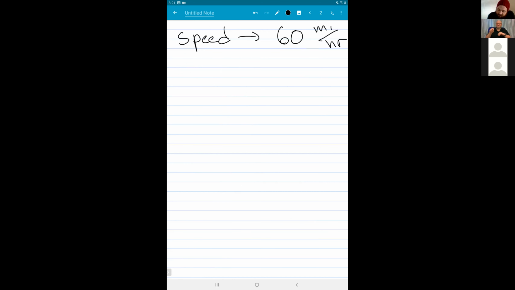That's just the scalar, a value for how fast you're going. But velocity is going to be something like 60 miles per hour north, or in the positive X direction, or whatever it might be. That's the distinction I want to make.